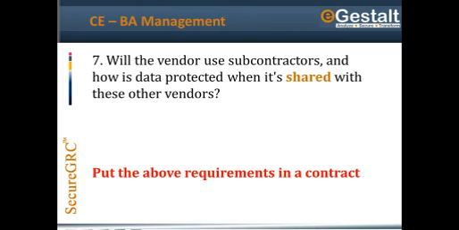Is it going to be protected? Are those vendors and employees in those companies trained? Do they have technical procedures or technical processes, encryption tools to ensure protection and security of PHI?